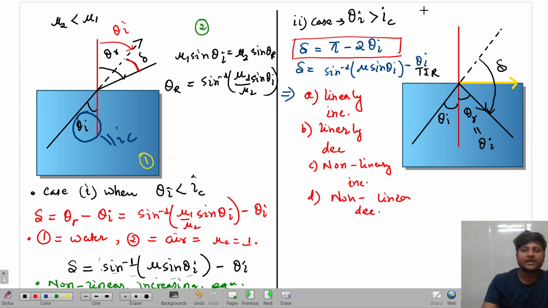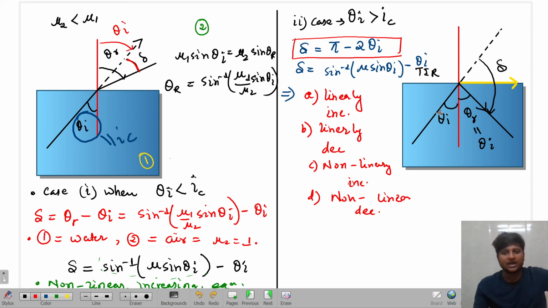Now look over here. So you know that if I write y is equal to minus of mx, this kind of graphs are negative, like linearly decreasing graphs. So similarly over here, you try to see deviation is equal to pi minus theta I. Now one thing is there. In case of refraction, as theta I was increasing, refraction angle was increasing.